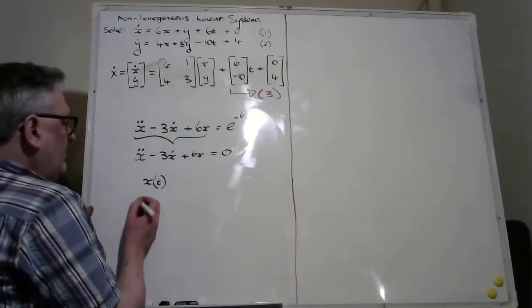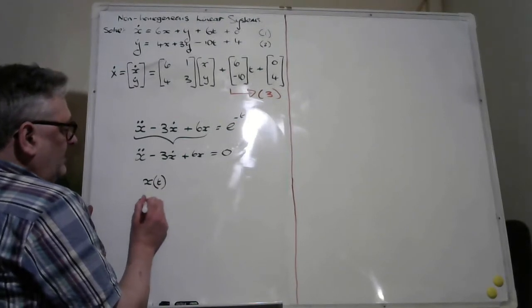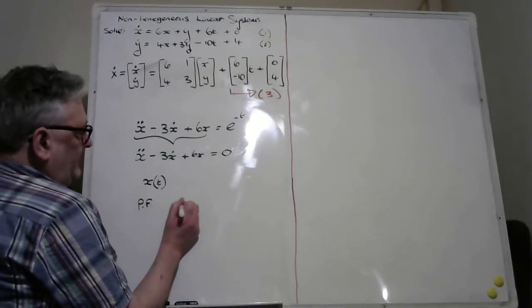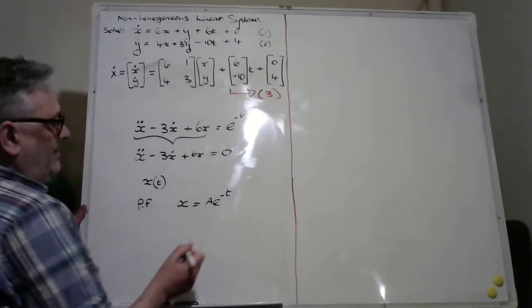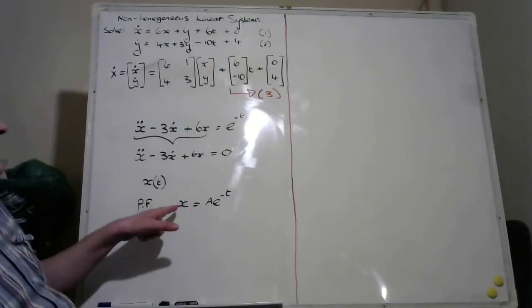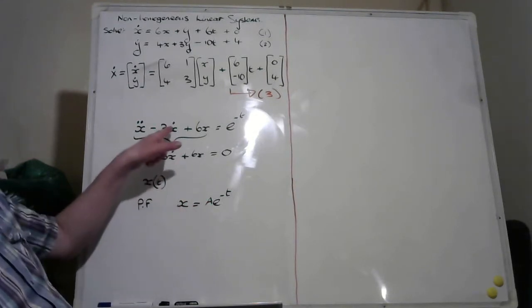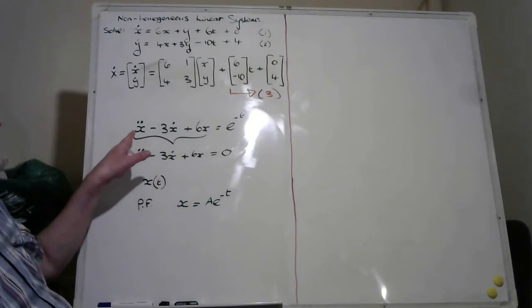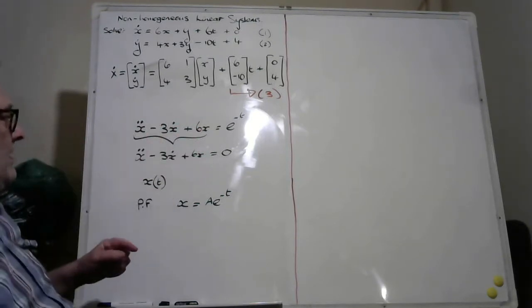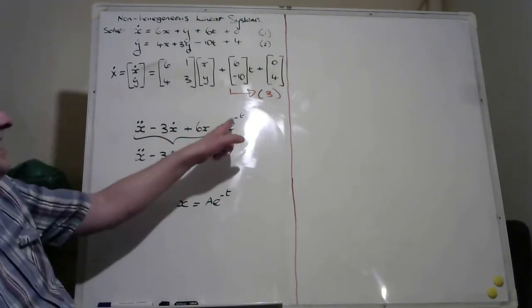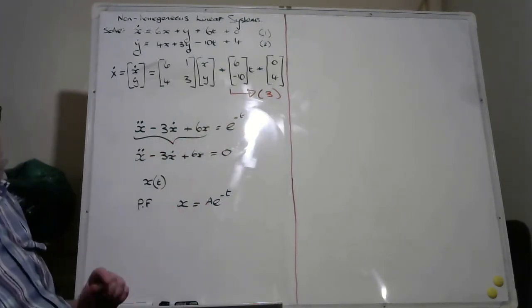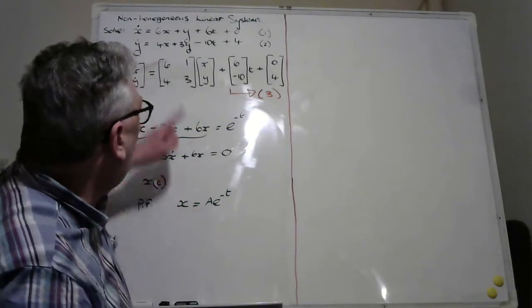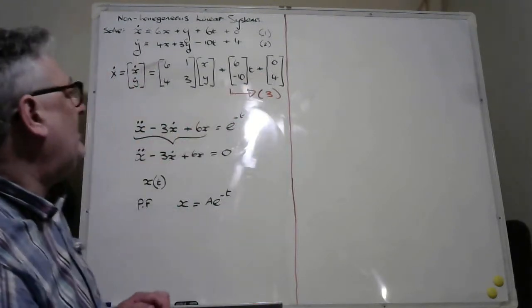And then for the particular function, you would substitute x equals a e to the minus t, and substitute that and its two derivatives, both the first derivative and the second derivative, into that equation, equate it to the right hand side and solve for the constant a. That is essentially what we're going to do in this particular case.